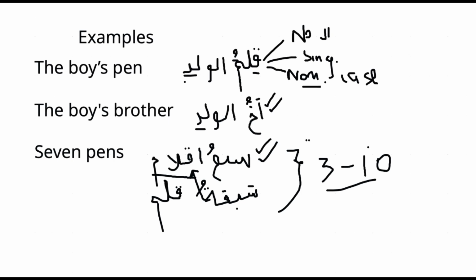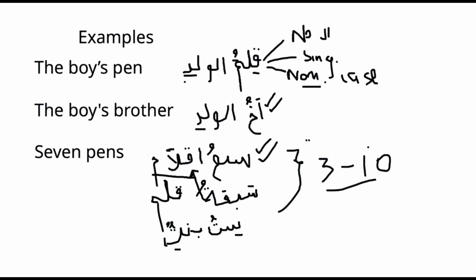Let's give another example. Let's say this was to be feminine, let's say bintun. Bintun is feminine. If it was feminine, let's say you want to say two girls. Two bintan, but you know this one always takes extra, so bintayn. Two bintayn, not bintun here.